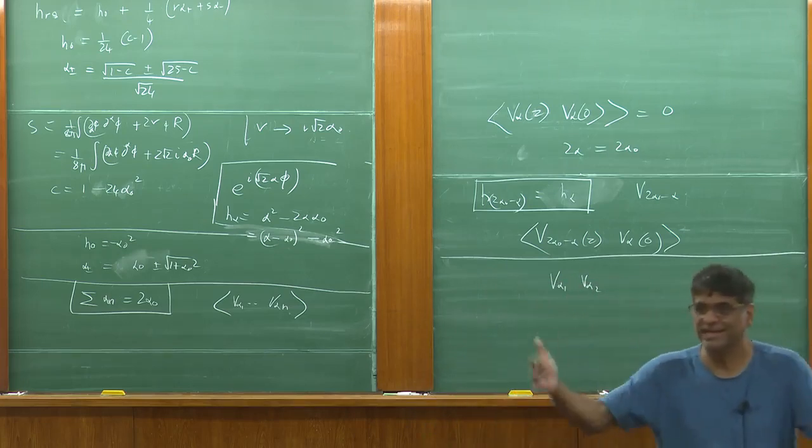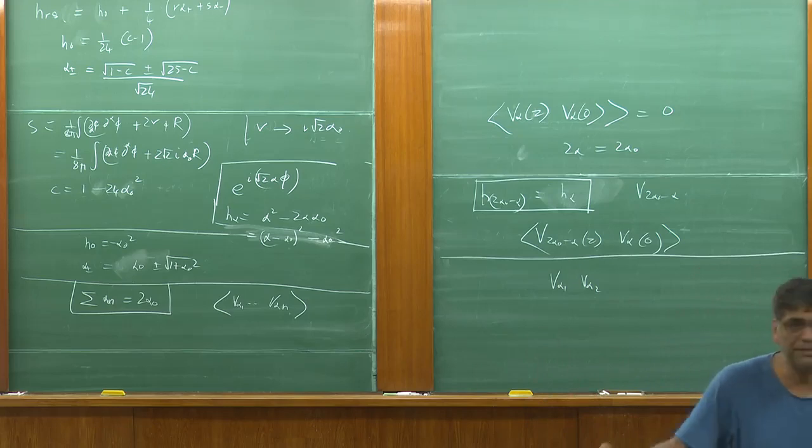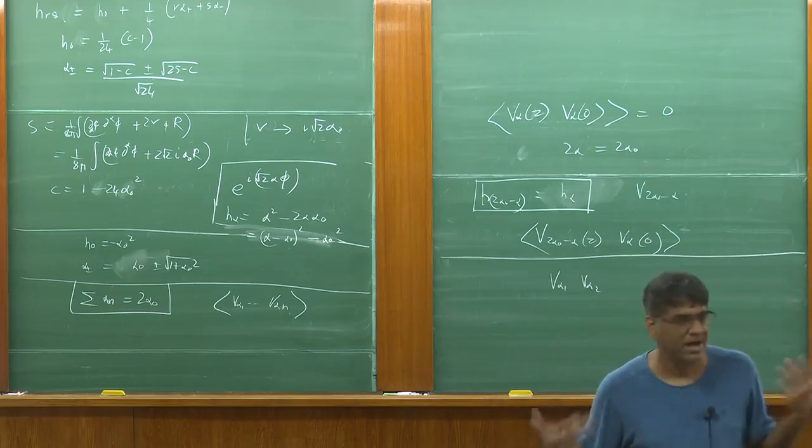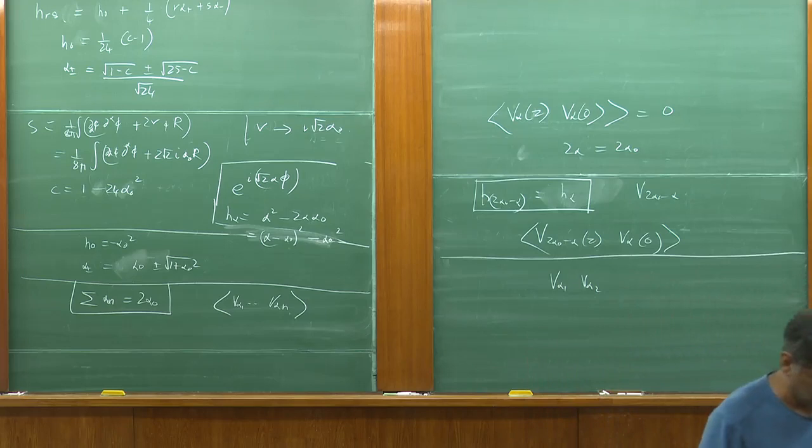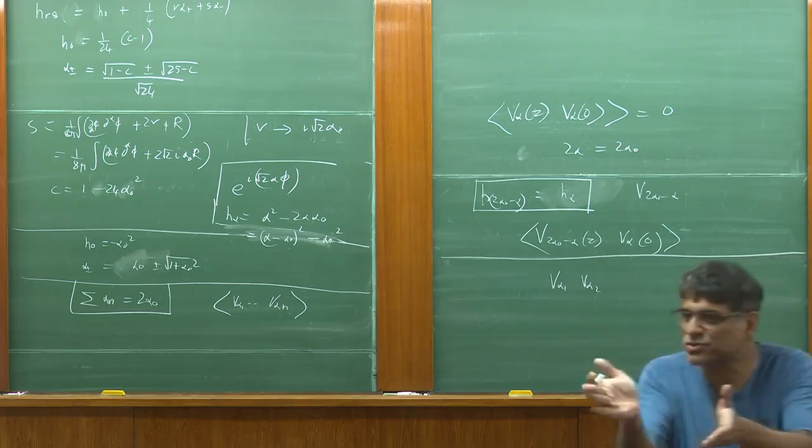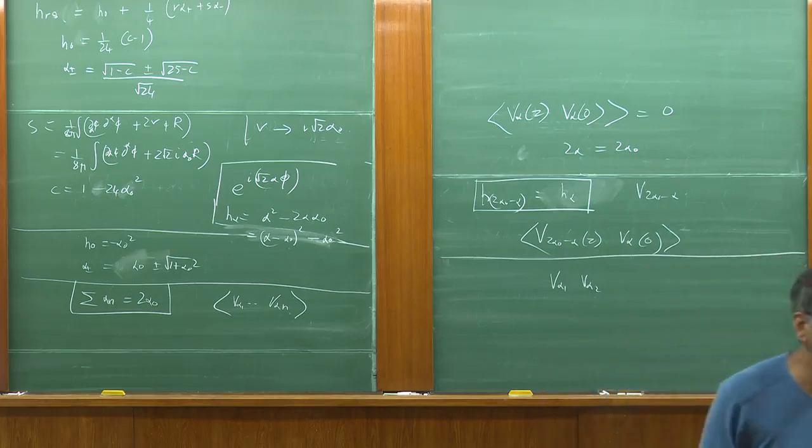Okay? That's how we're going to try to work. Our primaries will be various V alphas. Okay? But as we've just seen, this rule of assigning a particular V alpha to a primary cannot work, even with this twofold degeneracy, cannot work. We need something more.